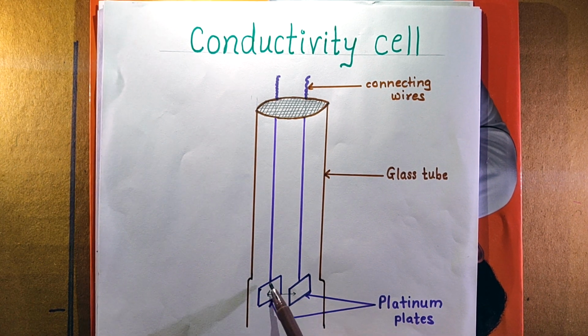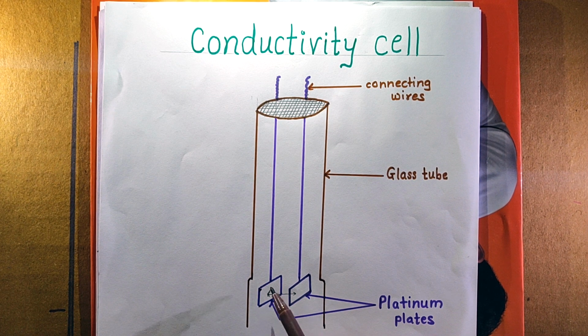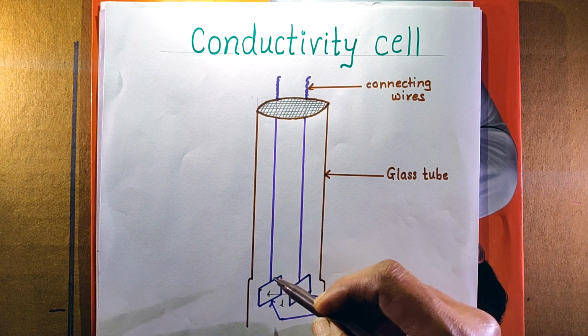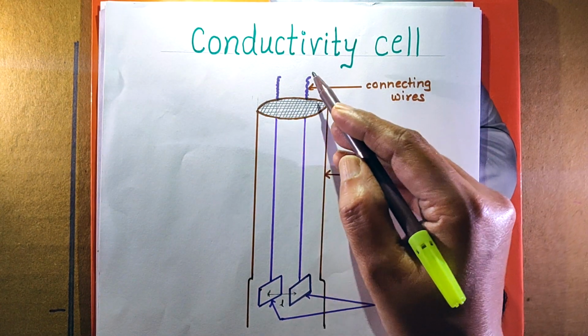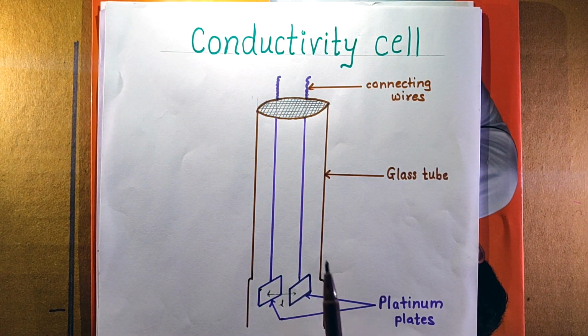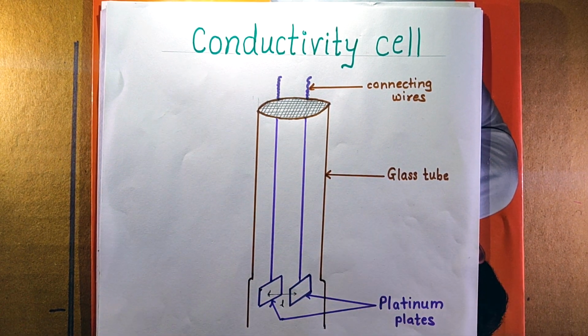So these platinum plates are covered by platinum black, and they are connected by the metallic wire, and they can be connected through the external circuit. So this construction is called a conductivity cell, and this conductivity cell is dipped in a solution whose conductivity or resistance we have to determine.